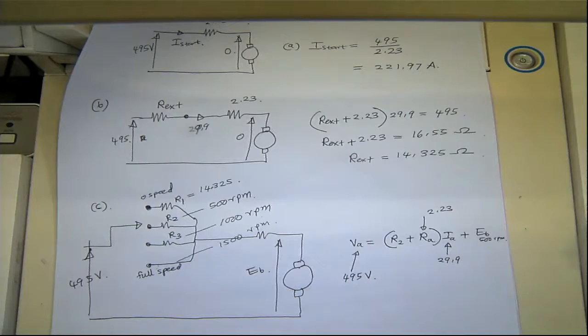So in the previous question, we found the back EMF. At 1500 RPM, we have a back EMF of 428.32 volts. That's from the previous section.